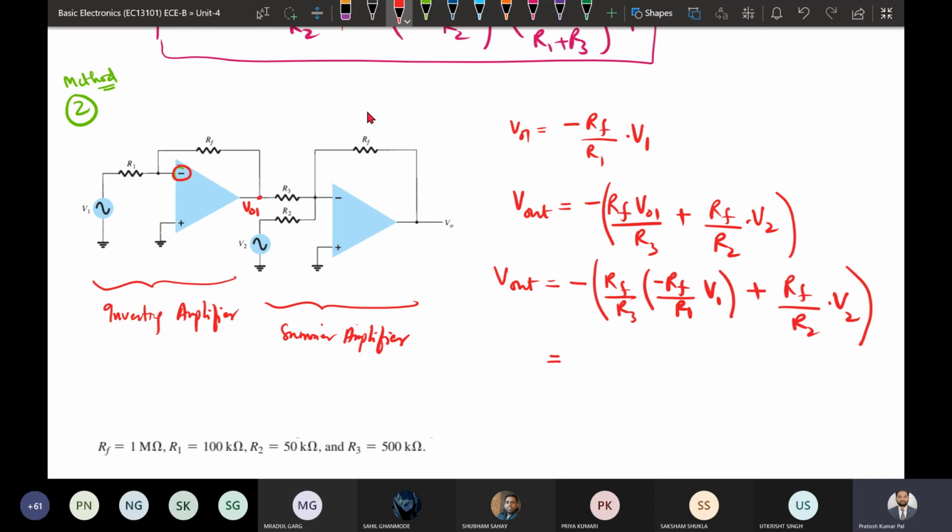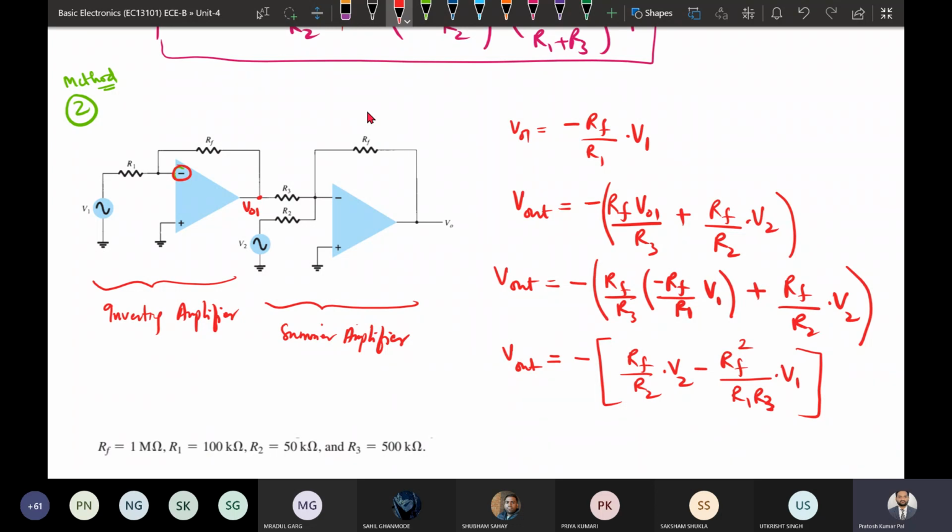Now overall outside is minus, and this inside is a minus term and a plus term. We take the plus term first: RF by R2 into V2, and minus RF into RF again, so RF square divided by R1 R3 into V1.